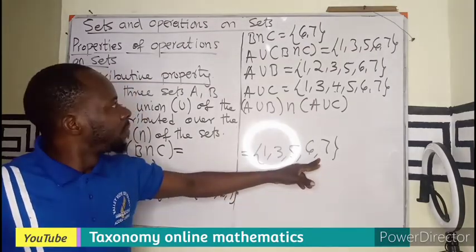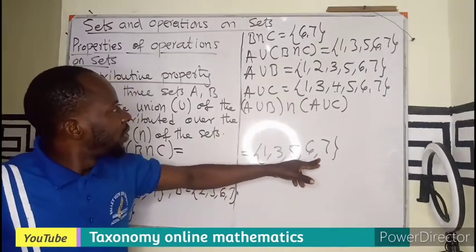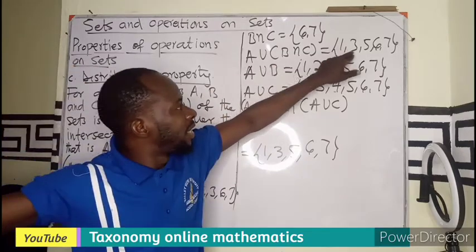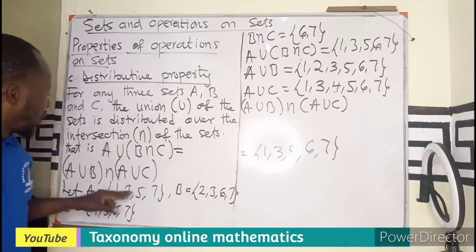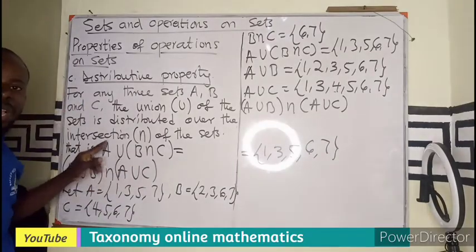In the beginning, we also have this to be 1, 3, 5, 6, 7. Therefore, this property is verified.